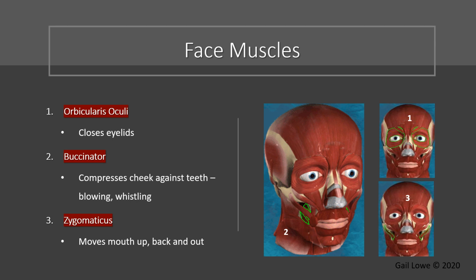So a binocular is something that you look at with your eyes. So oculi is eye, orbicularis is around the eye. So orbicularis oculi closes the eyes. So as the muscles close together, they close the eyes.